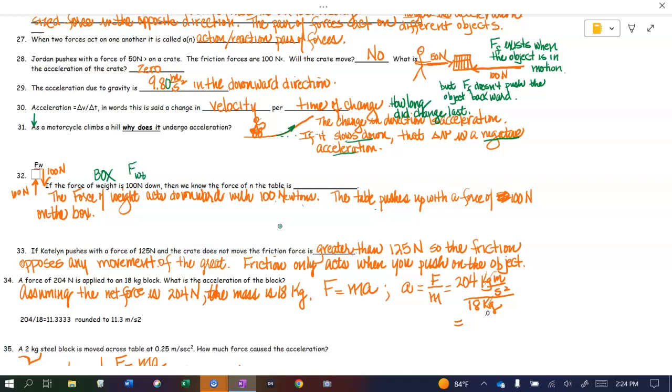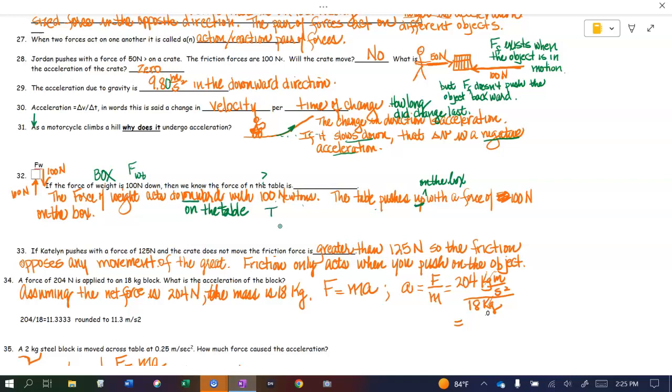Now the reason this was a little hard to interpret, so I answered both questions. The force of weight acts downward on the table with a force of 100 newtons. The table pushes up on the box with a force of 100 newtons upward. Up, down.